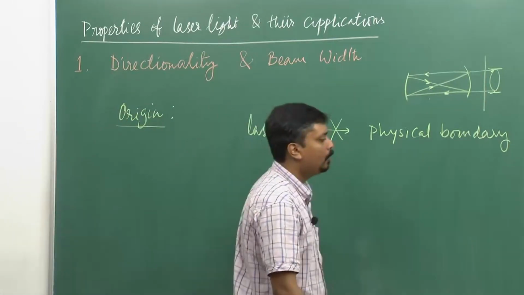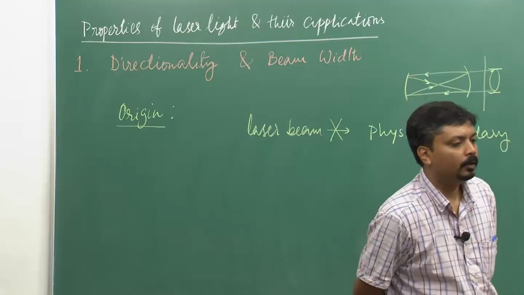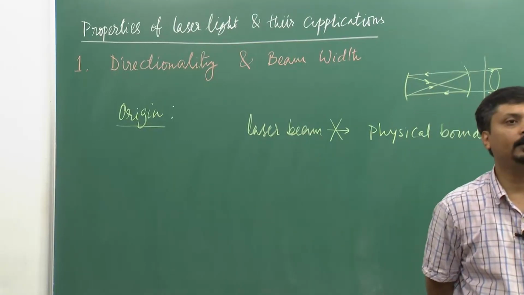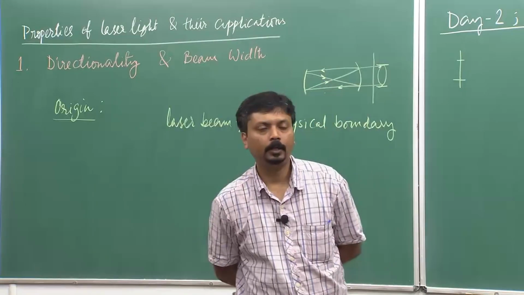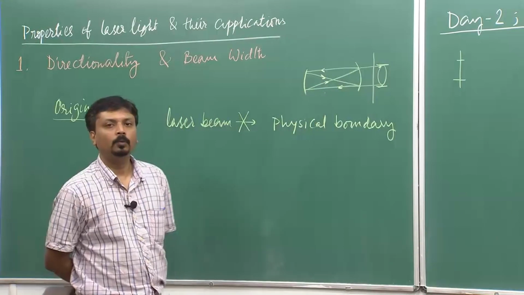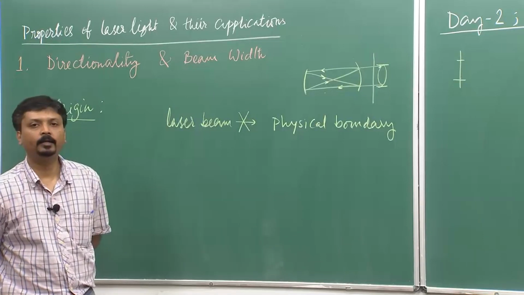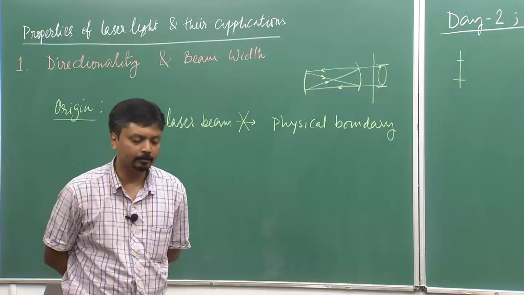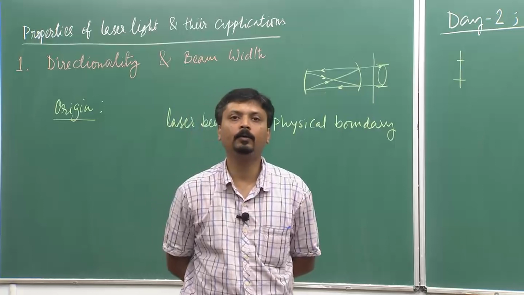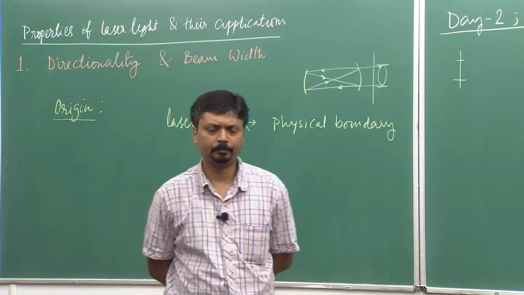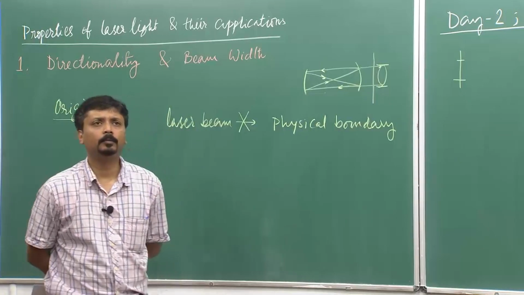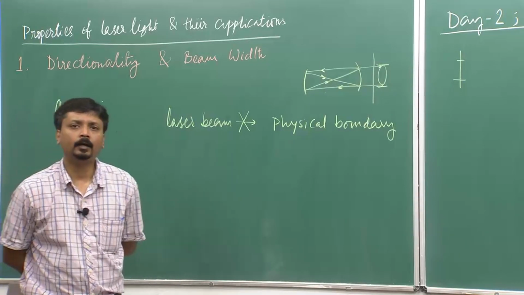In a metal beam we always define the beam width. In this case also we have to define a beam width, which is a very important characteristic of laser light, because it gives rise to certain other properties.